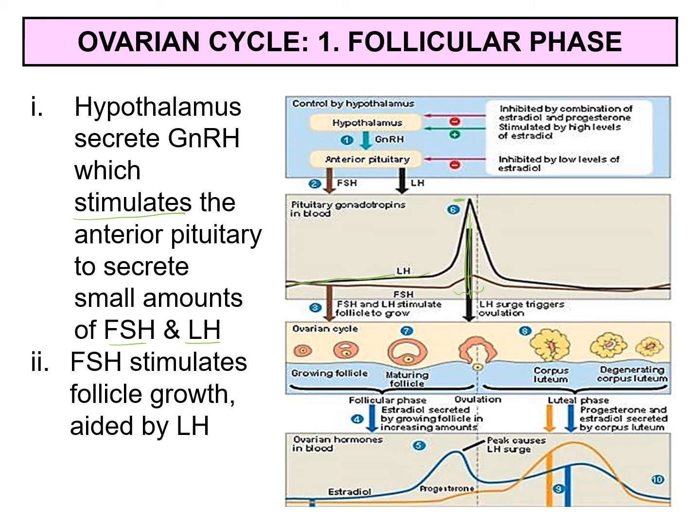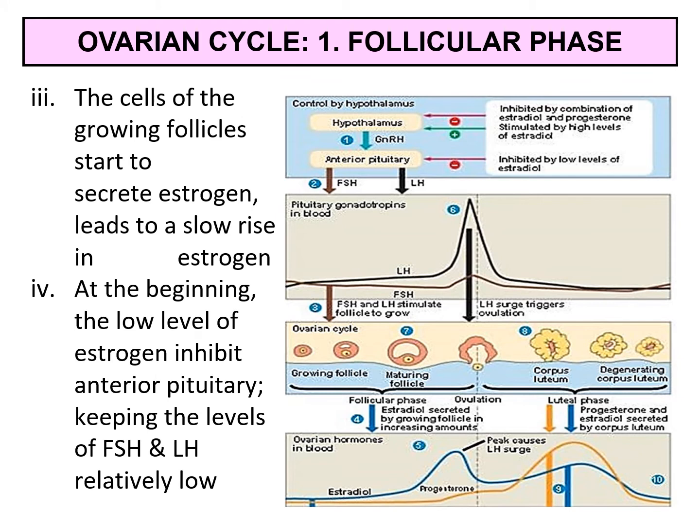So a small increase of FSH and LH will stimulate follicle growth. Since FSH is released, it will help the follicle to grow and develop. So the follicle will start to secrete estrogen.